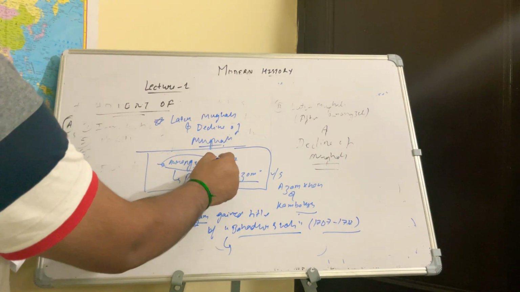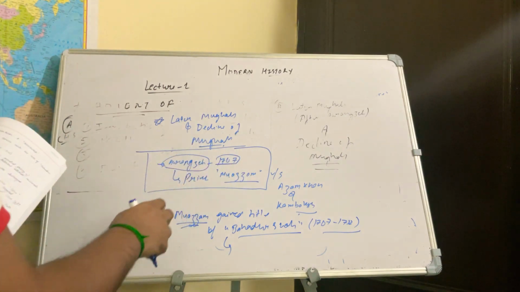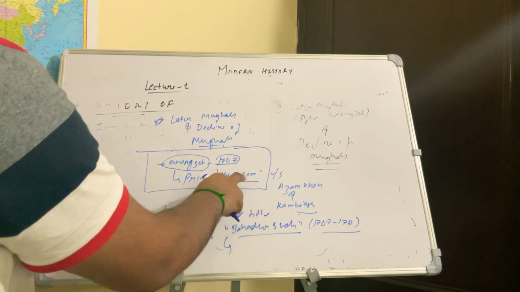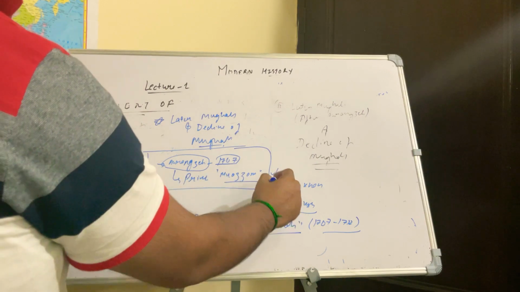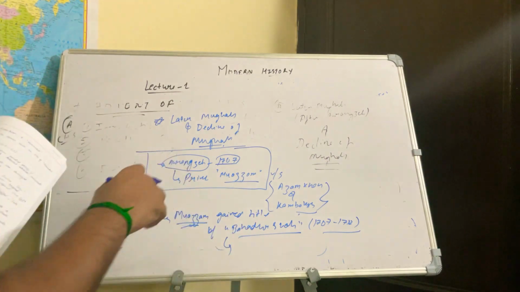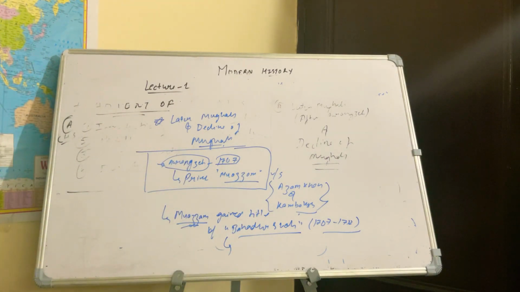When Aurangzeb died in 1707, there was a war of succession between his sons Muazzam, Azam Khan and Kambaksh, in which Muazzam defeated Azam Khan and Kambaksh, took the title of Bahadur Shah, and got the throne of the Mughal Empire. So write down Bahadur Shah.